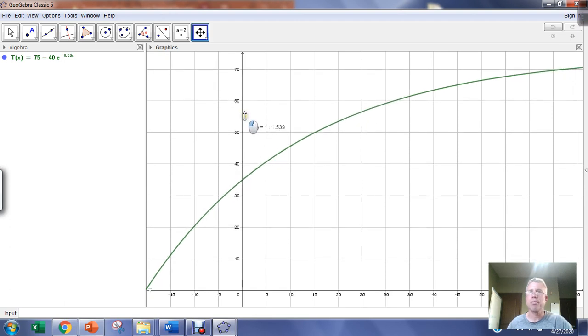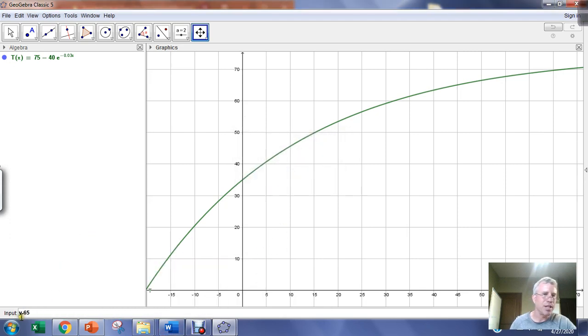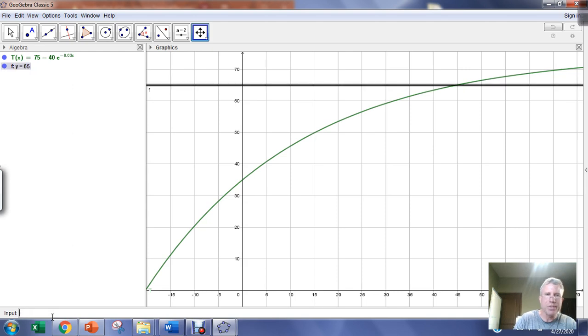So that's where the temperature is heading towards. And then we wanted to know a specific temperature. I'm going to type in y equals 65, enter. I did a minus instead of an equal, so it's telling me an invalid function, equals enter.